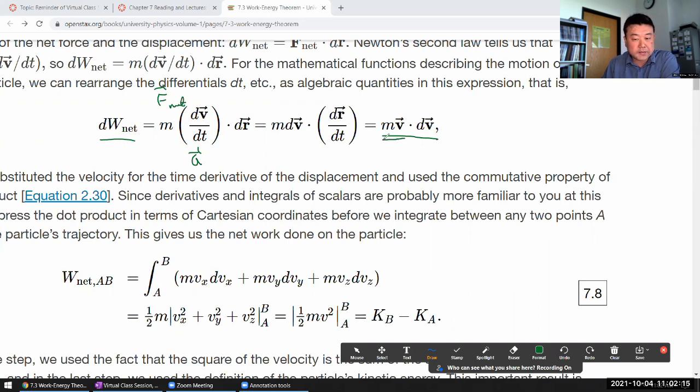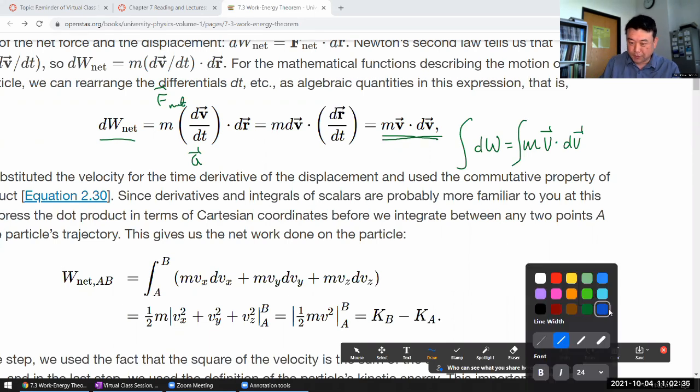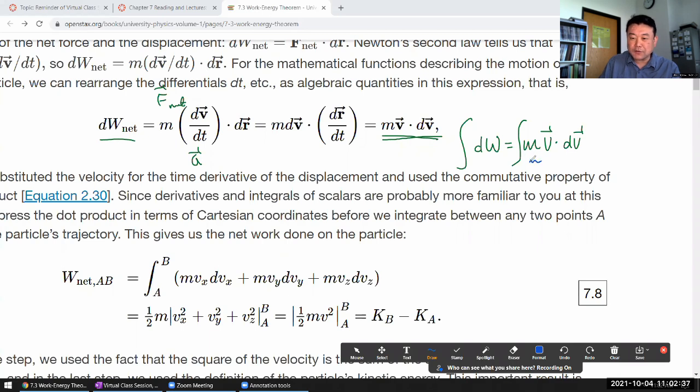So you have this infinitesimal differential. So you have dW is m v dot dv. And you're trying to integrate, find the antiderivative, and the kind of thing that physicists would be comfortable with saying is, okay, I'm looking for an antiderivative, so I'm looking for a thing where if I take a derivative, I'll get this.